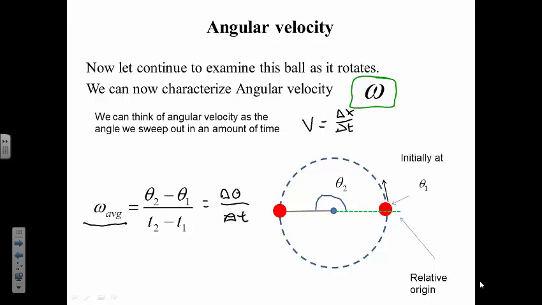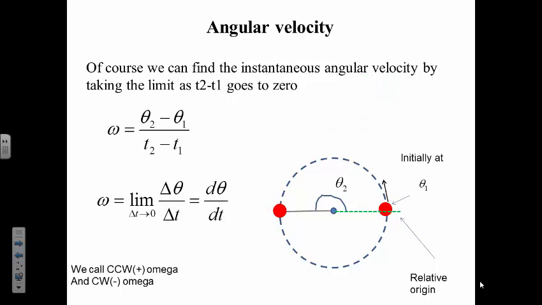You can think about initially being at some theta 1, and you end up at some theta 2 later in time. You have some delta theta from theta 1 to theta 2. The rate at which you do that, how much time it takes, you divide your angular position change by delta t. That gives you omega, your angular velocity. It's the rate at which you rotate or sweep out your angle.